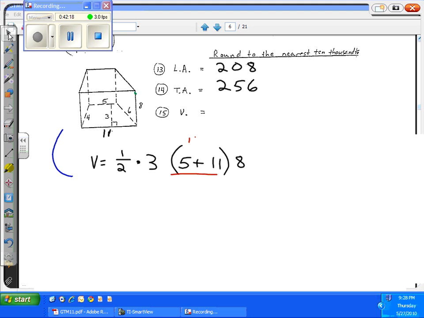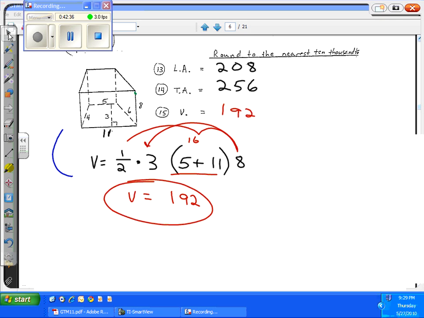So 5 plus 11 is 16. Half of 16 is 8. Times 8 is 64. 64 times 3, 192 for volume. Any questions there?